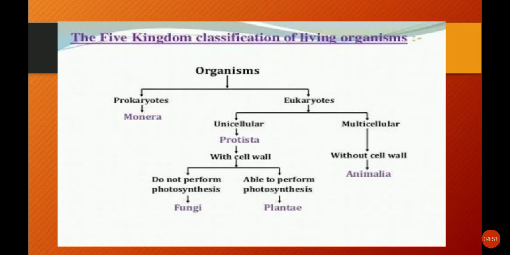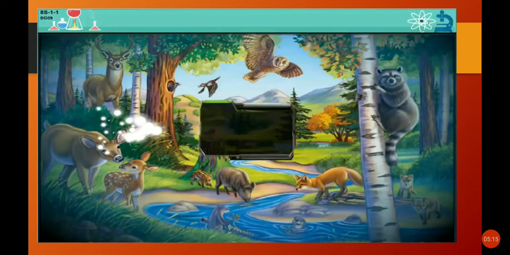Organisms that do not perform photosynthesis come under fungi, and those able to perform photosynthesis come under plantae. Multicellular organisms without a cell wall come under animalia. Now let us watch some videos for better understanding.